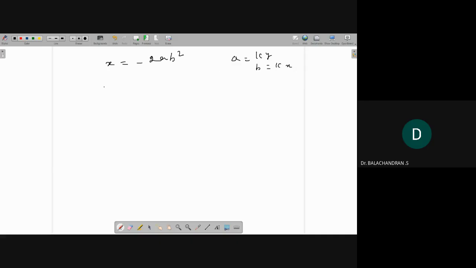Now x is equal to minus 2, a is ky, and b is kx whole square. So now if you simplify this, you will get minus 2 k into k square, k cube xy equal to x. So you can cancel x and x.